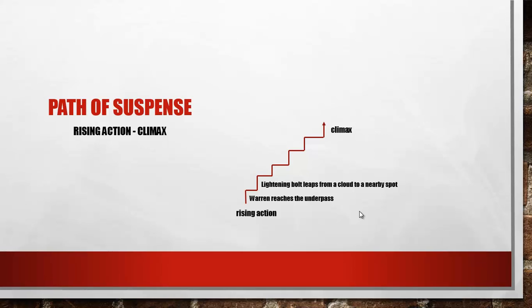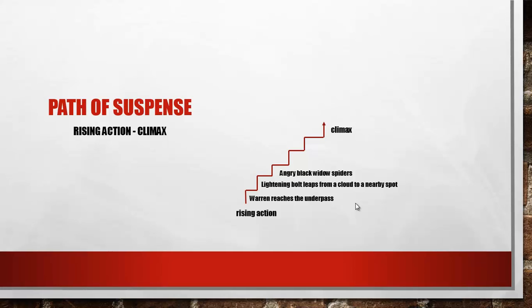So our suspense, our tension is growing. We're going up our hill. Next we have that moment where he puts his hand into that tangle of cobwebs. So the angry black widow spiders would be the next event as our tension is growing.